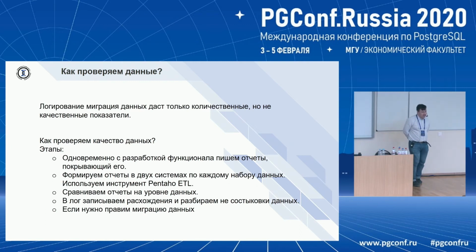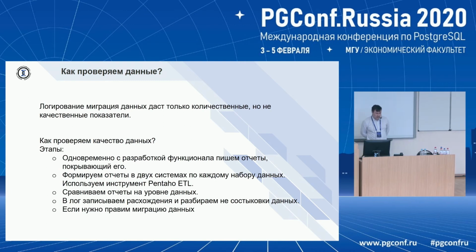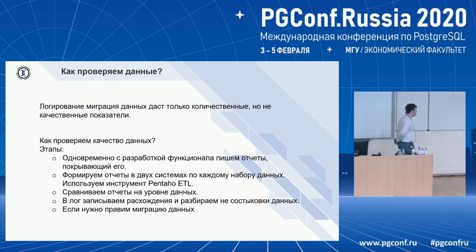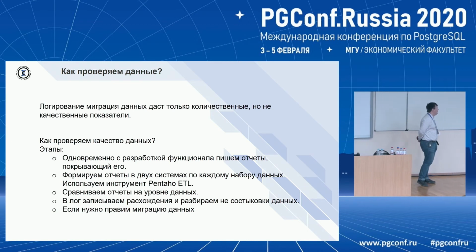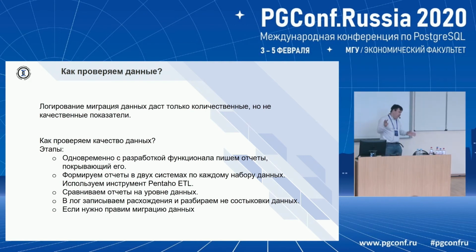If these reports depend on dates or some other parameters, it's up to us to choose what settings we need, and then we start multiple reports both in Oracle and in Postgres. If it takes a lot of time to make a report, some reports take about a day to create, then we just take a certain amount of data, not all of it. After that, we get these two footprints, and then we compare them.